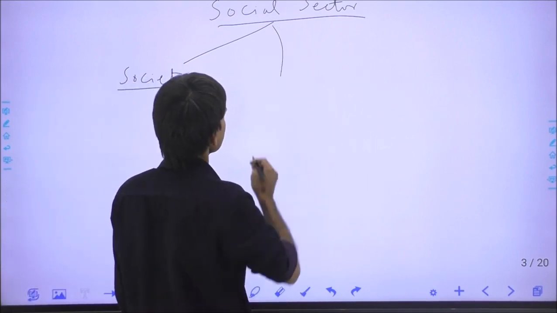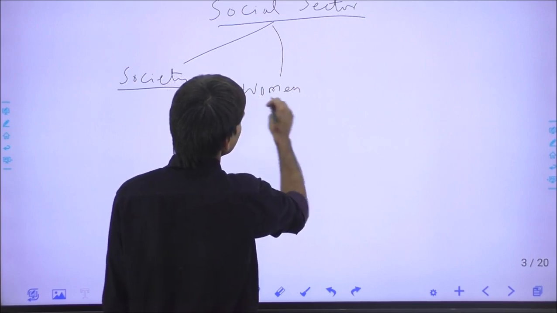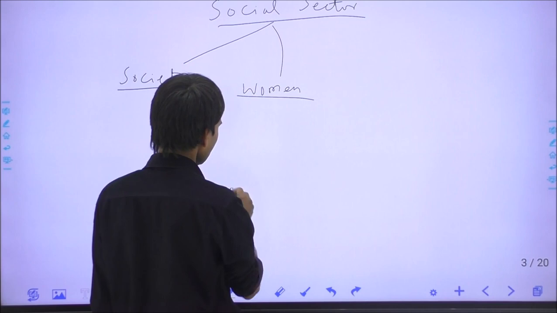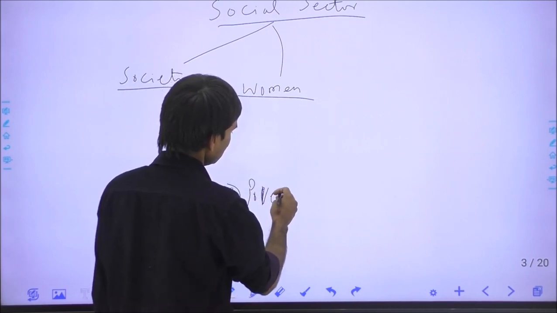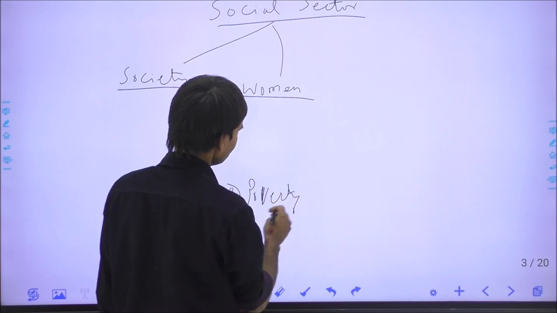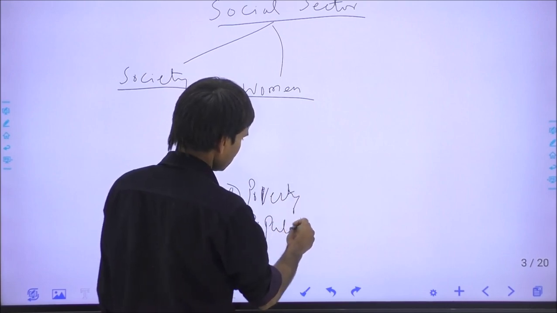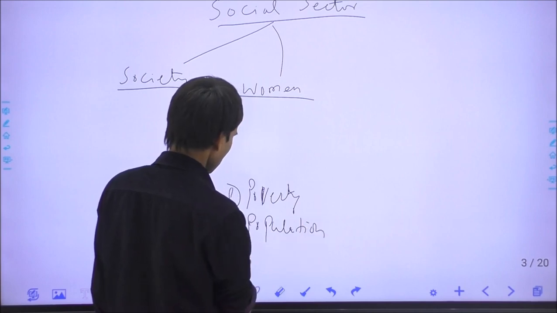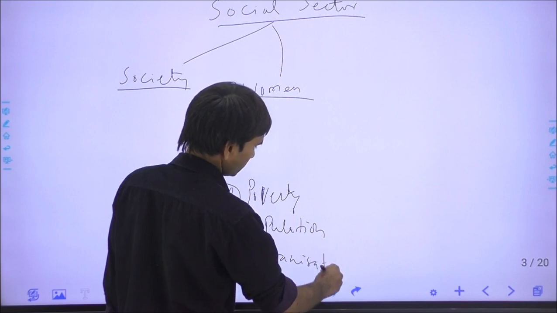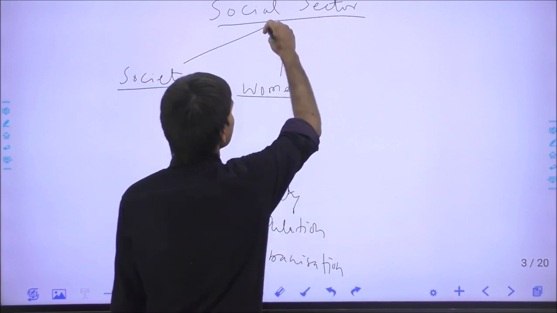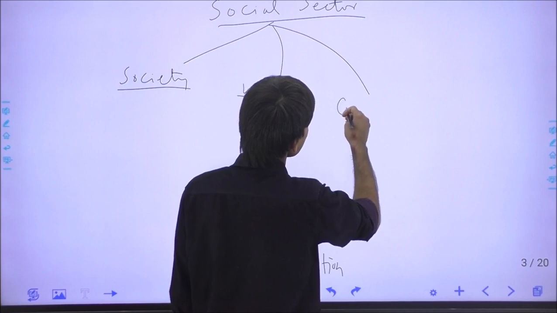Second is women's role and women's organizations, and here there are some other topics like poverty, the new concept of poverty, population and urbanization. The third topic is the impact of globalization on Indian society.